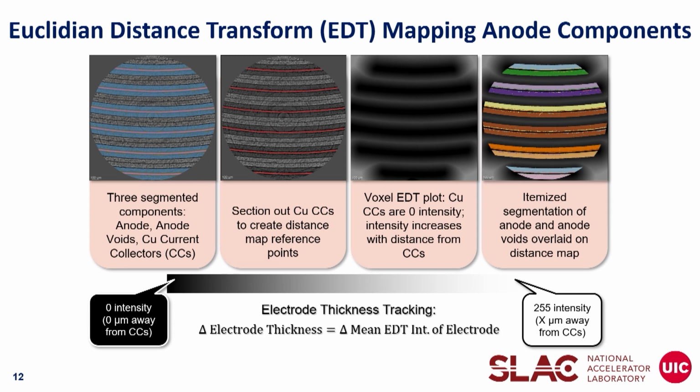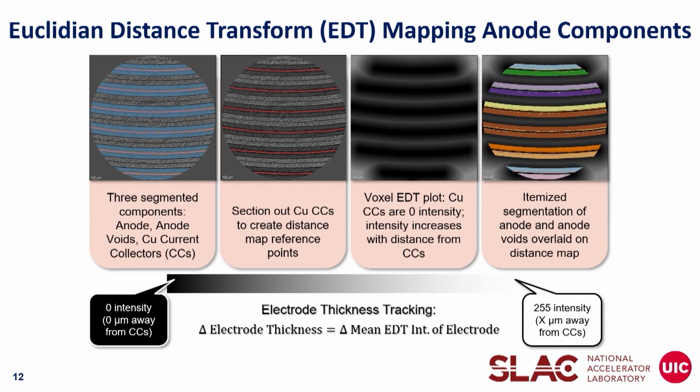But using the Euclidean distance mapping with microcomputed tomography, we can, for the first time, measure electrode thickness of both the anode and cathode, deconvolute the contributions, as well as use different cell architectures such as these 18650 cells where the geometry is really complicated, or more hard-walled cell architectures.